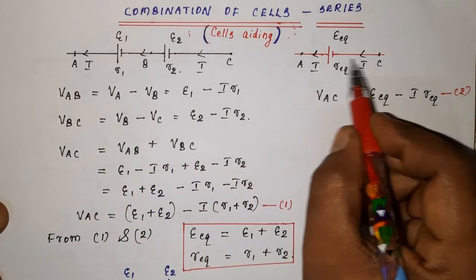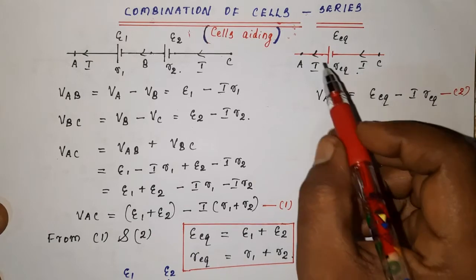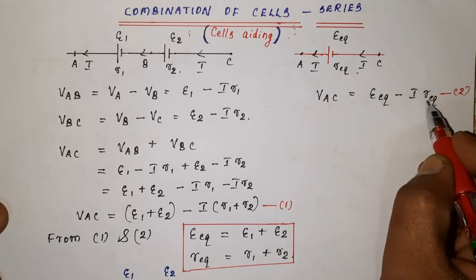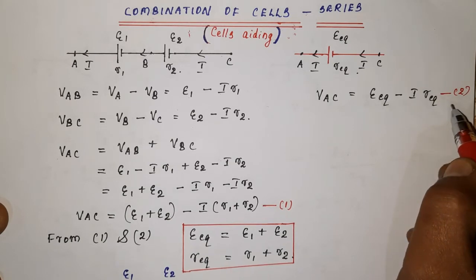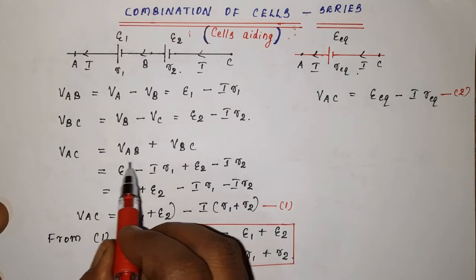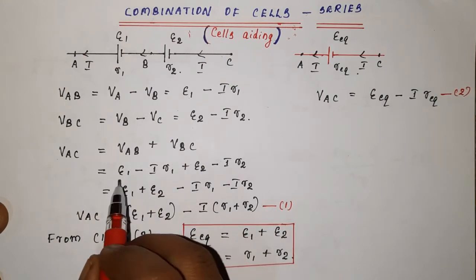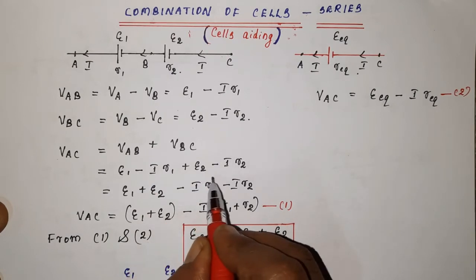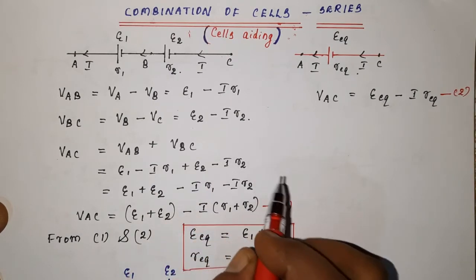Now for the equivalent cell, we can write VAC is equal to epsilon equivalent minus I into R equivalent. Now using the equation VAC equal to VAB plus VBC, that is equal to epsilon 1 minus IR1 plus epsilon 2 minus IR2.